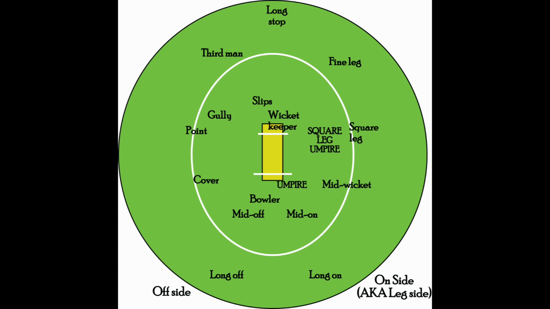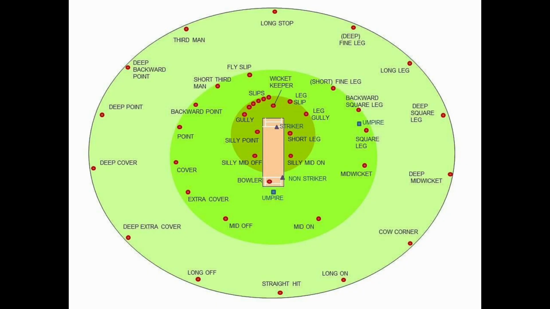We would have a point, a cover, maybe sometimes an extra cover, mid-off, mid-on, maybe not a long-off, long-on, but definitely a fine leg. And so we would have a pretty basic outline like this, so that even if there was a left-handed, right-handed combination, you wouldn't really move. You might move around a little bit, but you wouldn't move too much, and it wasn't too complicated. So the captain was always kind of thinking about that as well.